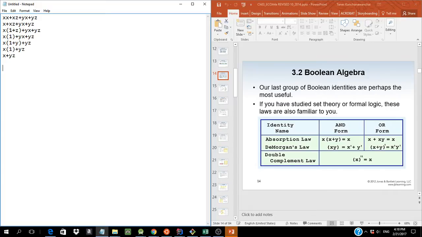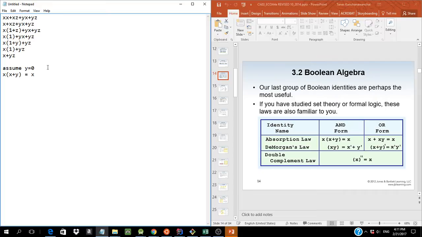Remember this is Boolean algebra, so y is either 0 or 1. So I assume y equals 0, meaning x plus 0. We talk about absorption law, equals x.